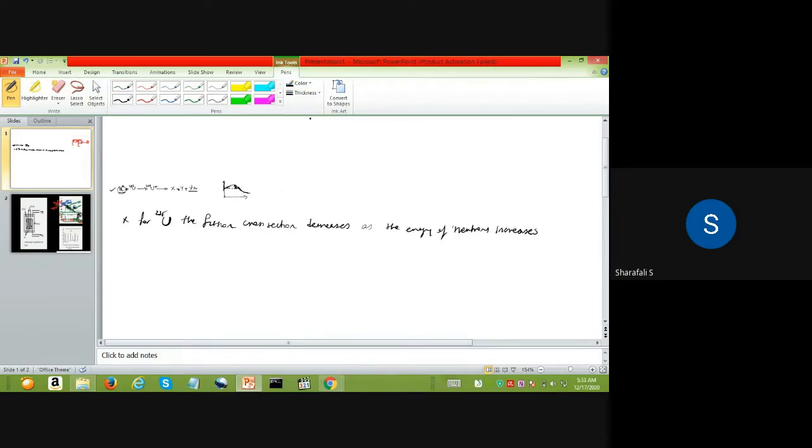Then we discussed different regions in that curve, and this is the conclusion of the figure we discussed. And then for uranium-238, the fission cross section is 0.